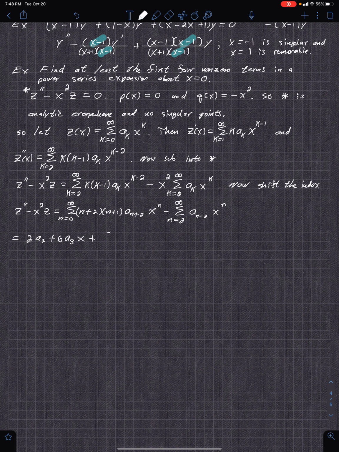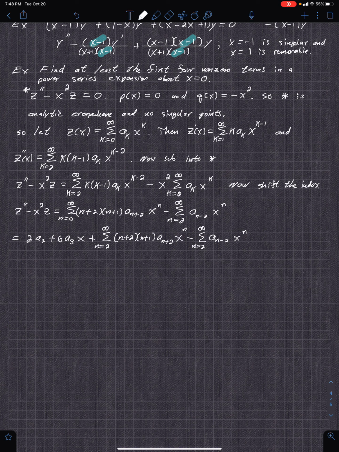Now this is shifted to the 2, so n is equal to 2 to infinity, n plus 2, n plus 1, and I do presume you're going to need to verify all this stuff because it's not obvious. And then minus, and now the indices will match, 2 to infinity, a sub n minus 2, x to the n.